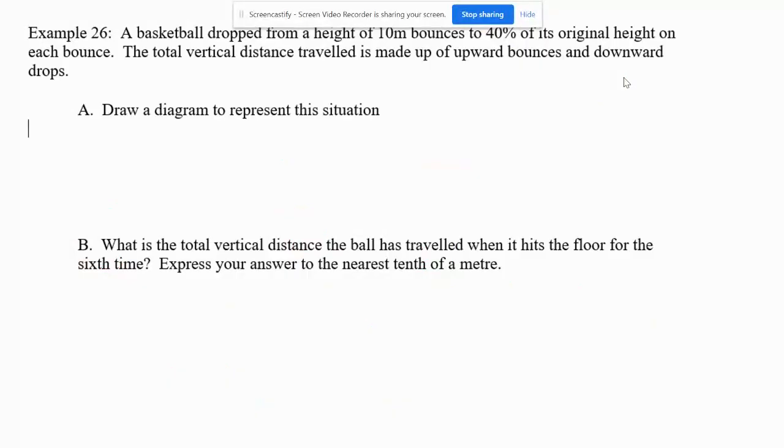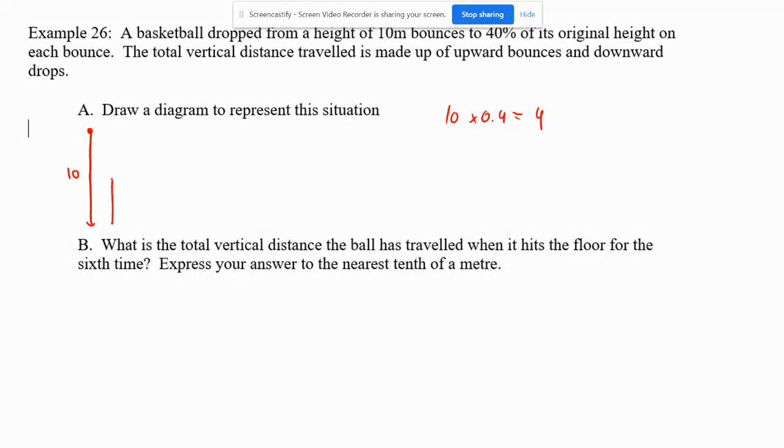All right. Example 26. A basketball dropped from a height of 10 meters bounces to 40% of its original height on each bounce. The total vertical distance traveled is made up by the upward bounces and downward drops. So the idea is over here, if here's your ball, it's going to drop down 10 meters. And then if it's to go 10 times 0.4, I get 4.